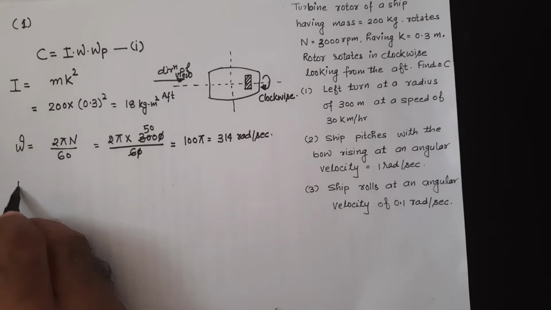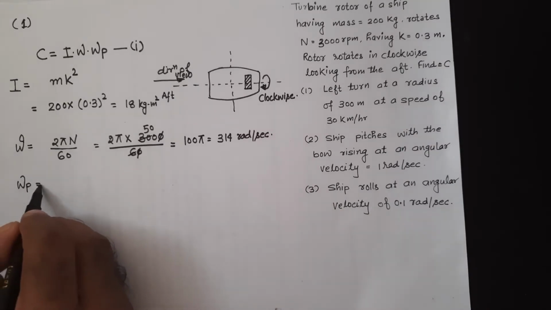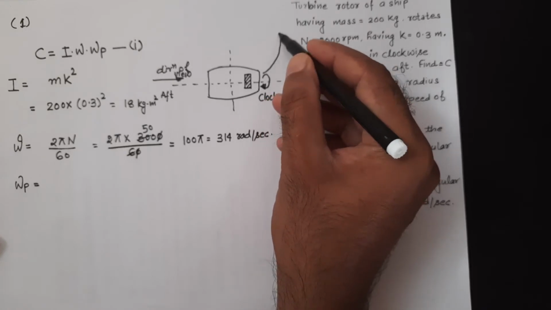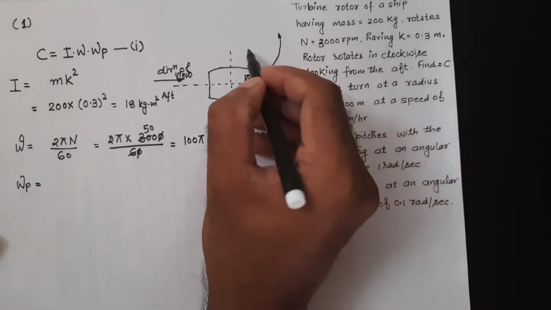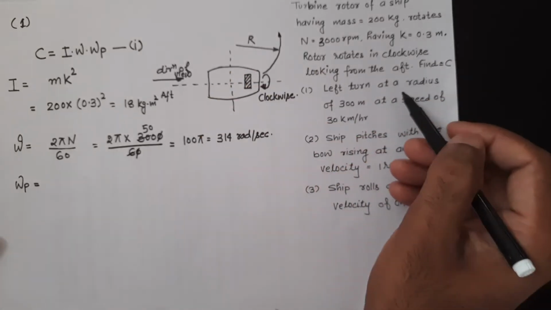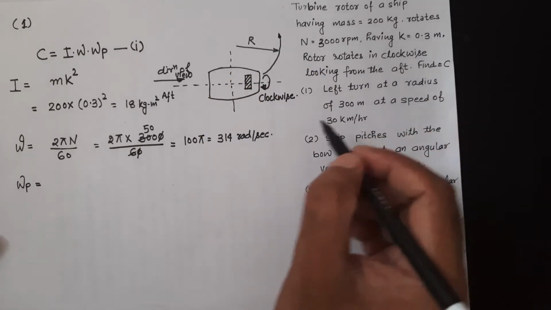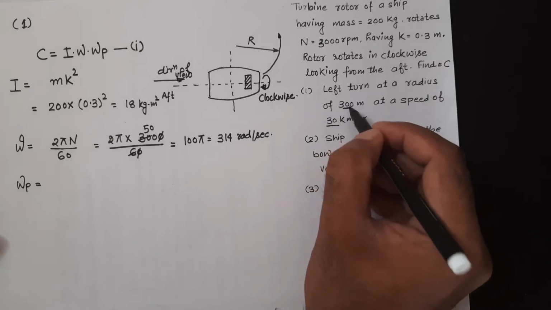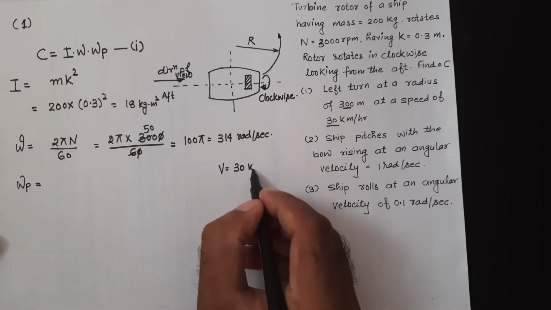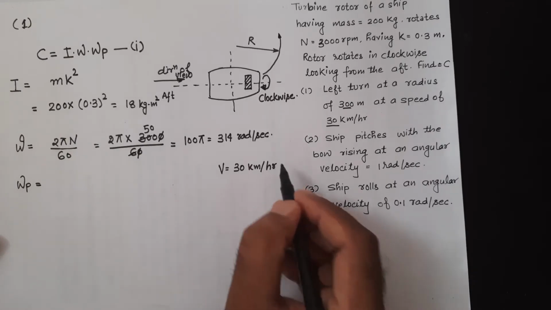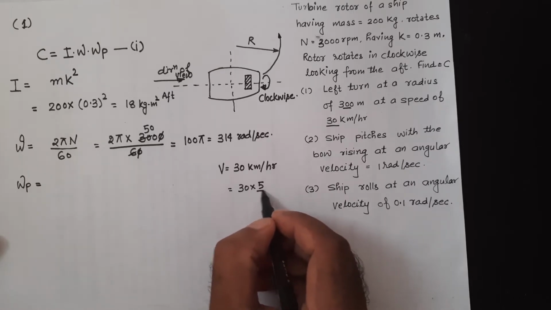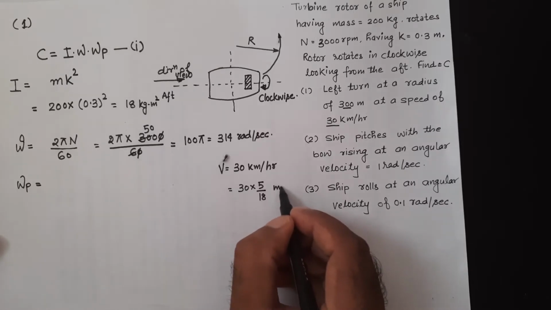Let's find the angular velocity of precession, omega p. It is making a turn, so it is moving on a circular path, a left turn, and the radius of this path is given as 300 meters and the velocity is 30 kilometers per hour. Convert into meters per second, so this will be 30 into 5 by 18 meters per second.